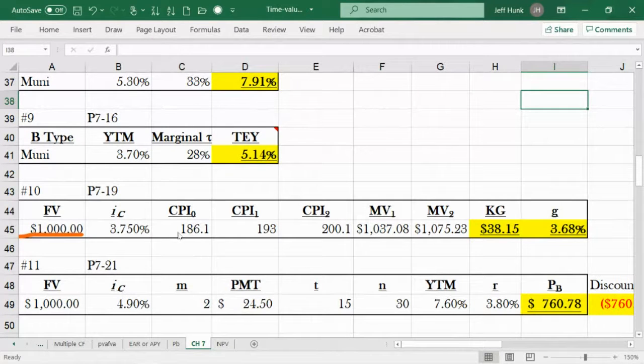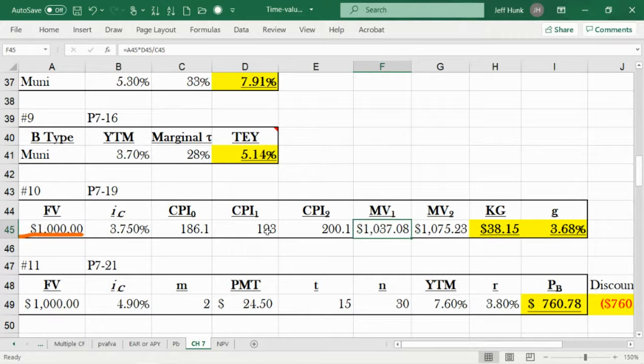At that point it was 186, and then 1 year later it was 193. Another year later it is 200.1. So then we adjust this maturity value by the increase in CPI.